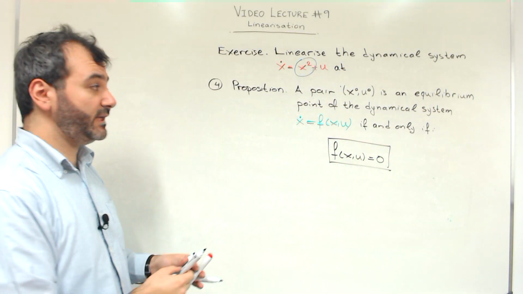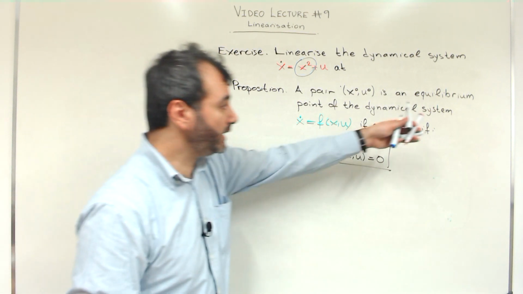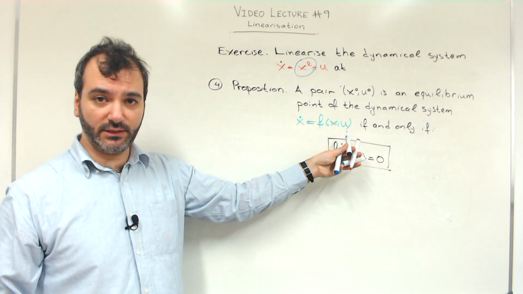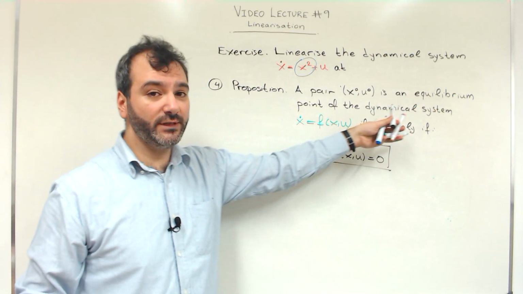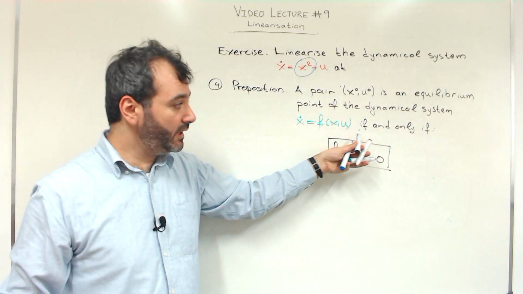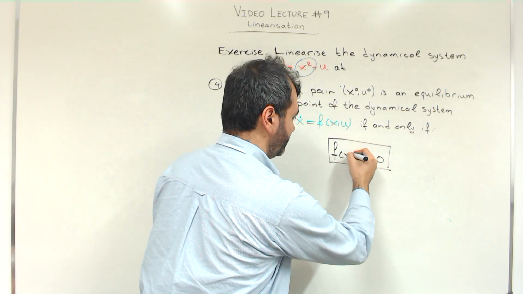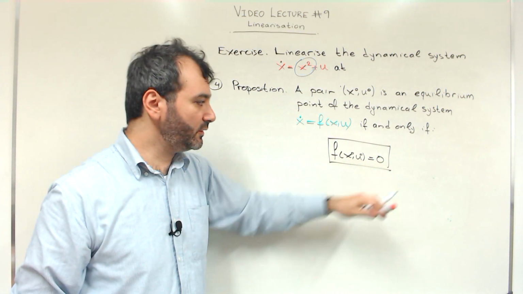The proposition states the following: a pair x naught u naught is an equilibrium point of the dynamical system x dot is equal to function f of x and u, given in its state space representation, if and only if it satisfies f at x naught u naught is equal to 0.